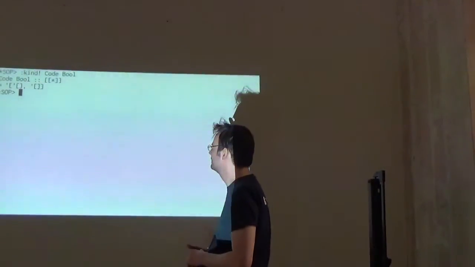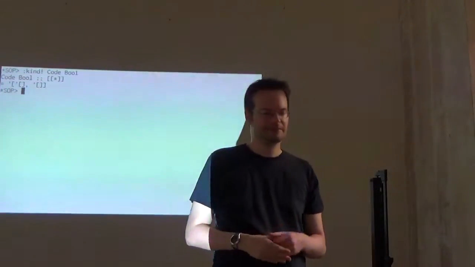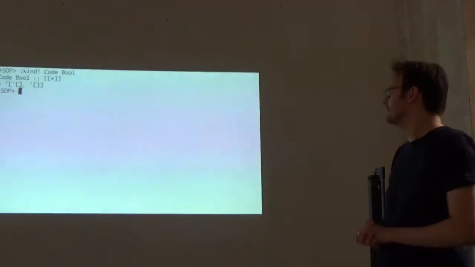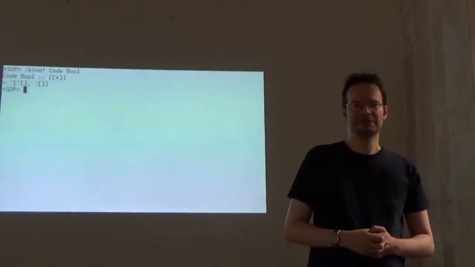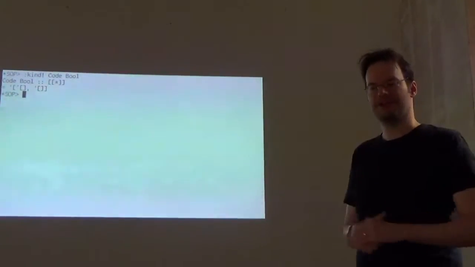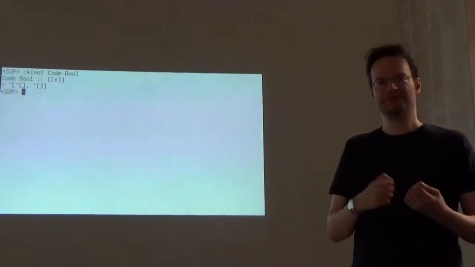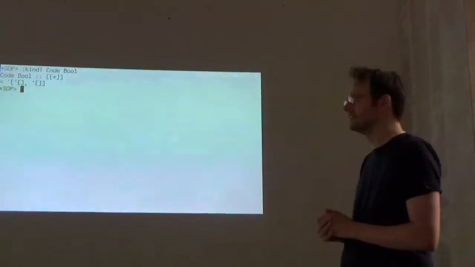So that's why this list that you're getting here has two entries, because Booleans have two constructors, False and True. And the inner lists contain an element for every argument of each constructor, describing what types they have. And now Booleans have two constructors, False and True, none of which have any arguments. That's why the two inner lists are empty.